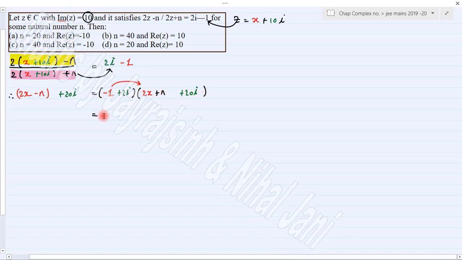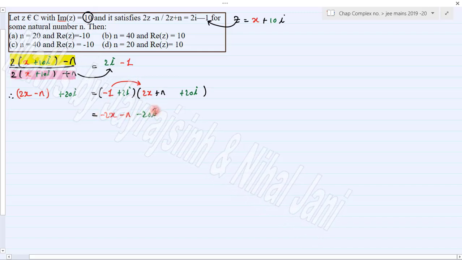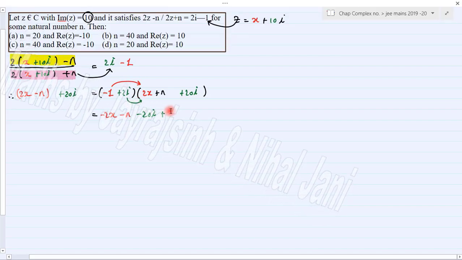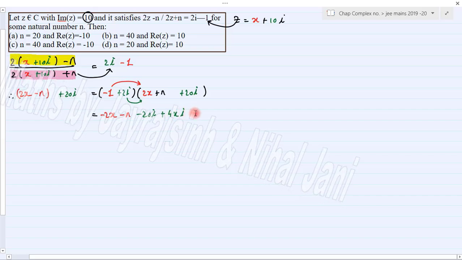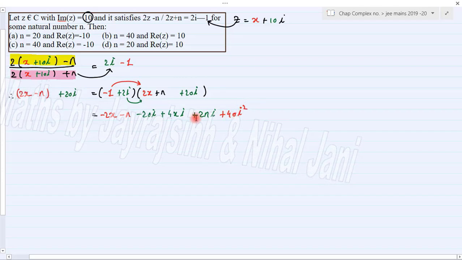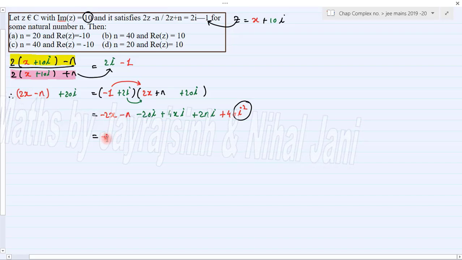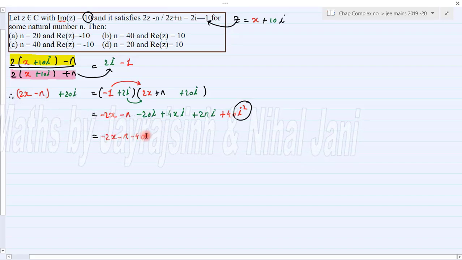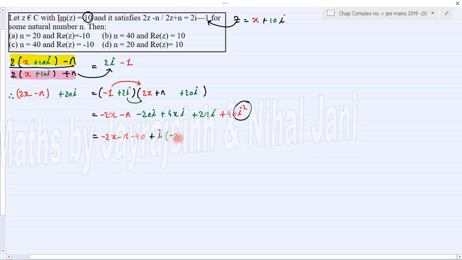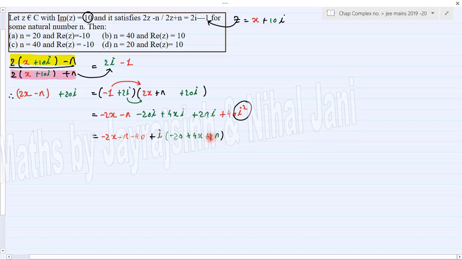Multiplying minus 1 with the bracket will give us minus 2x minus n minus 20i, and 2i will give us 4xi plus 2ni plus 40i square. Now we know that i square is minus 1. So we'll get minus 2x minus n and minus 40. If we take i common, we'll get minus 20 plus 4x plus 2n as your imaginary part.